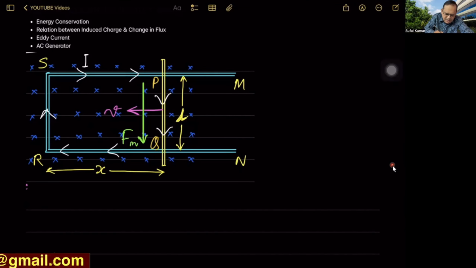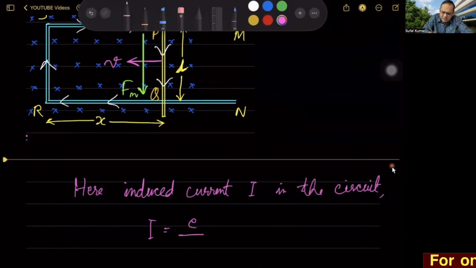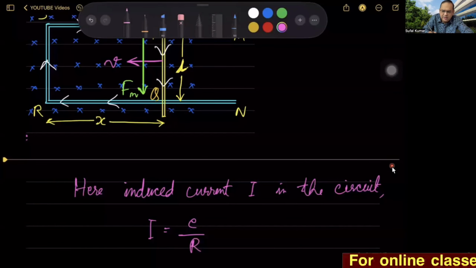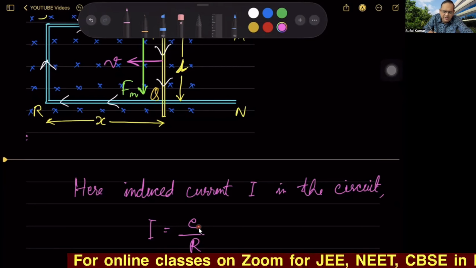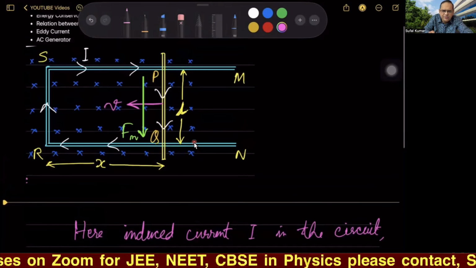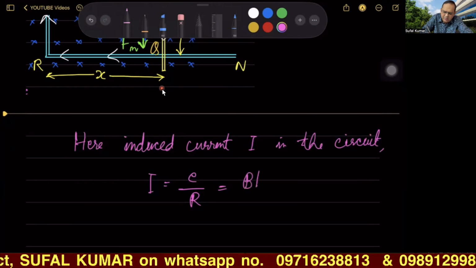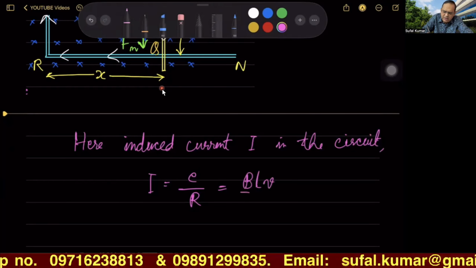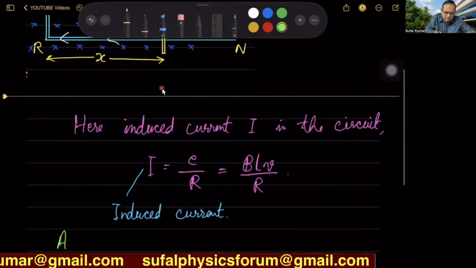Here induced current I in the circuit. I is equal to E by R. Here this E is induced and R is the resistance of the rod PQ. Then E is equal to BLV, so I is BLV upon R. So this was the induced current.